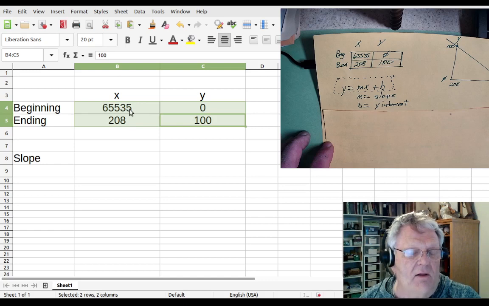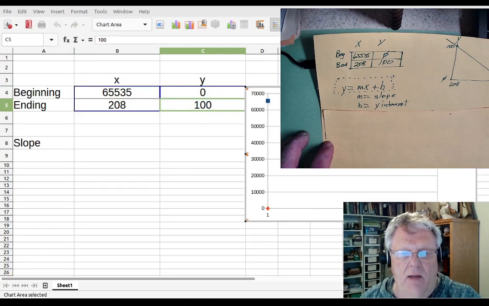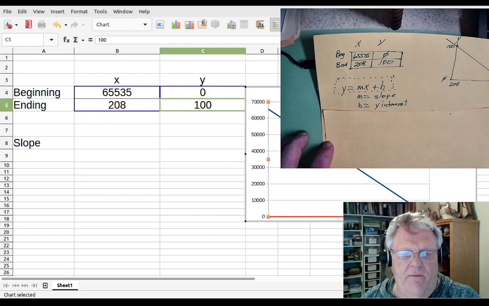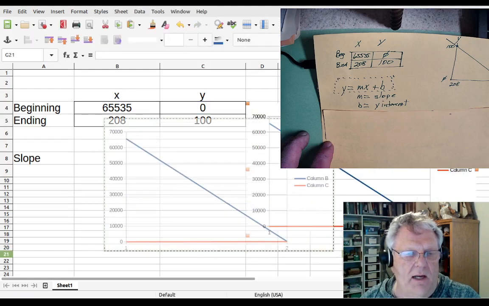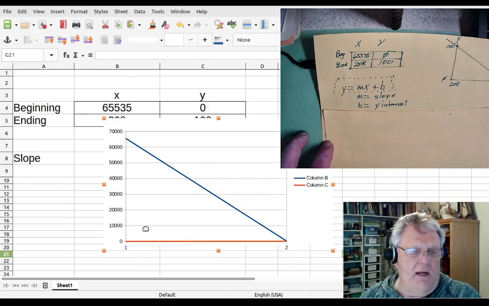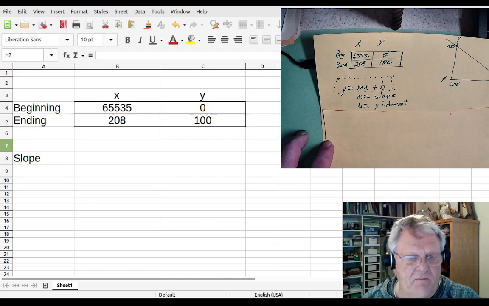If you highlight the numbers here and insert a chart, and of course I'm going to select a line, my line is there, and this is what it looks like. It has a negative slope here. I know that the x and y are reversed, but it's still showing the same trend line. So that's how that works.